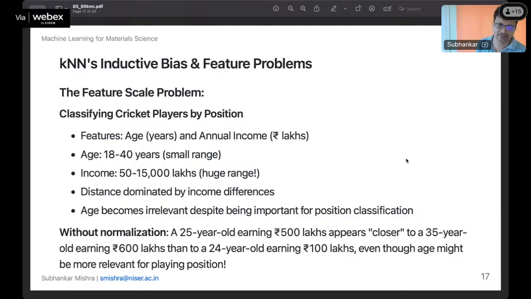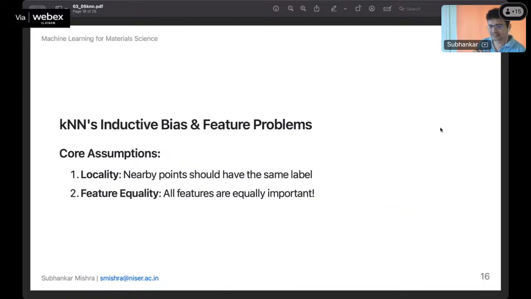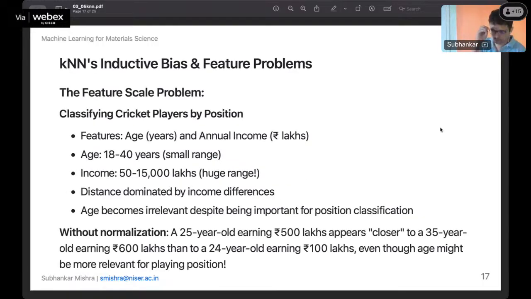You have to make sure that the features you select for classification or regression are either normalized, or you weight them, assigning some importance to each based on your domain knowledge. If you have 5 or 6 features for a particular material and you think one is more important, you can do that. Or you can normalize, but even normalization plays a tricky role. It does not solve the entire problem, but your domain knowledge can help.